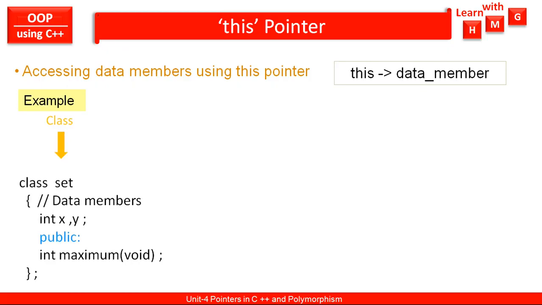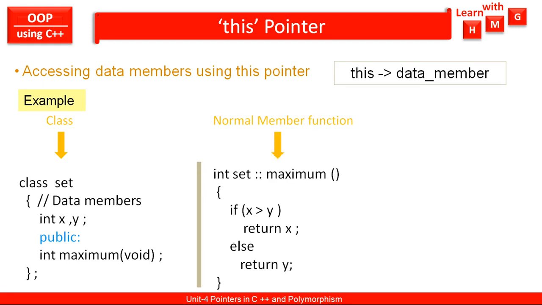Set is a class having two data members x and y, and maximum is a member function which is returning an integer type of value. The maximum function is going to find which number out of x and y is maximum or greater. So let us have the normal function definition.